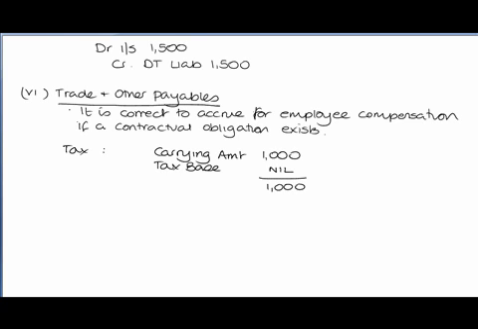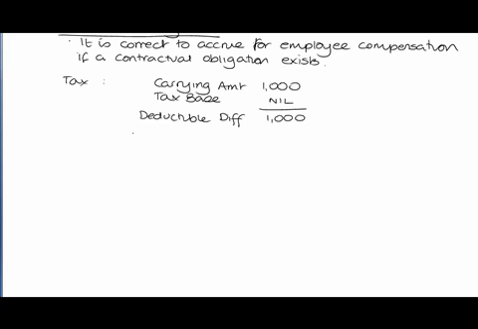So we've got a figure of 1,000, but because this relates to a liability, this is a deductible difference. So our deferred tax asset is 1,000 times 30%.